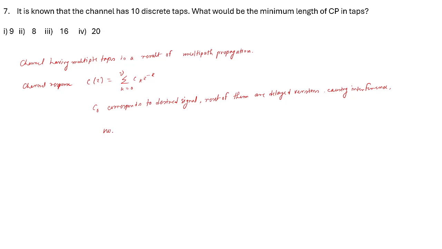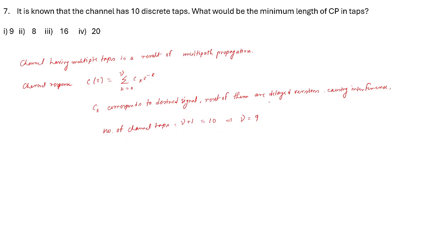So the number of channel taps starts from 0 to gamma, so it's gamma plus 1, which is given as 10. That gives the gamma value equal to 9.